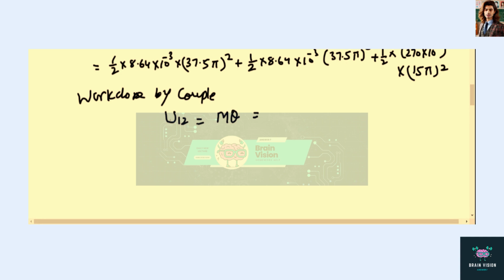This is 10 into theta B. Applying the work energy theorem, T2 minus T1 of the system is equal to the work done, 10 into theta B.